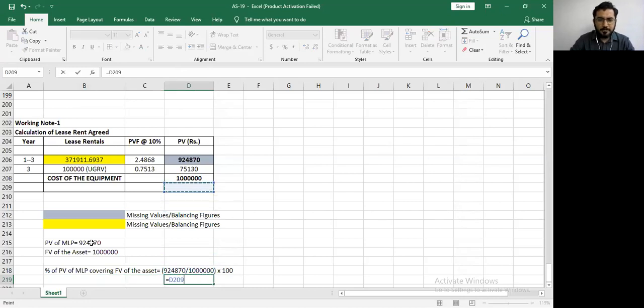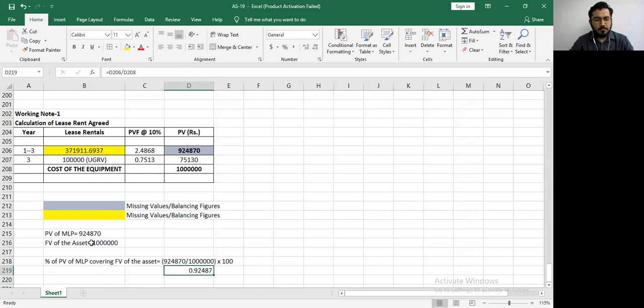How much do you get? You get 92.487%. Everyone gets 92.487%. Everyone on your chat box, how much do you get? 9,24,870 divided by 10 lakhs into 100. How much do you get? Everyone gets 92.487.